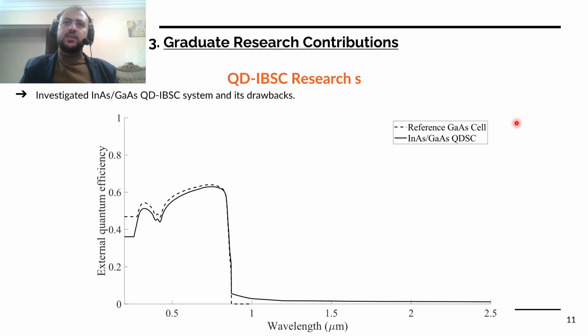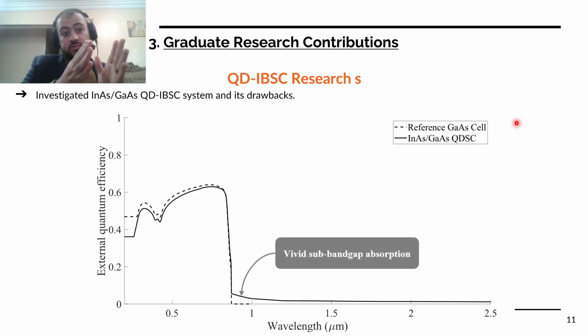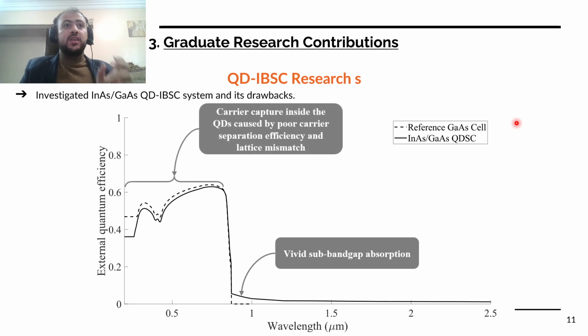Also, we can see this more vividly in quantum efficiency figures, where despite a vivid sub-band gap absorption that exists by adding quantum dots, we can see a clear drop in the quantum efficiency for above band gap photons. And this is mainly caused by poor carrier separation efficiency that's caused by the lattice mismatch.